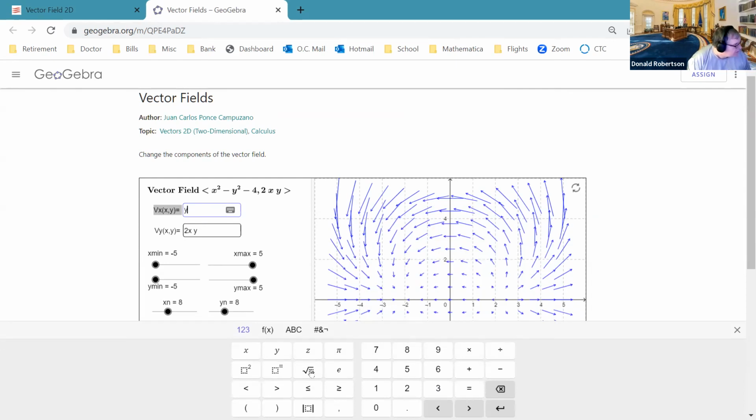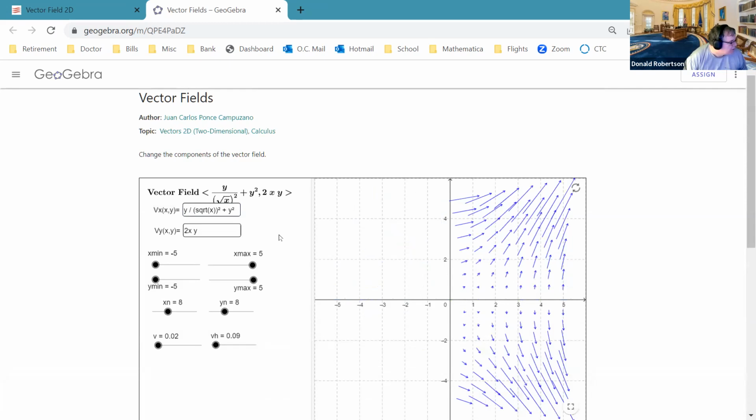Y divided by... I'll try to get the format here, and I should have spent some time practicing with this. x squared plus y squared. Right. No.